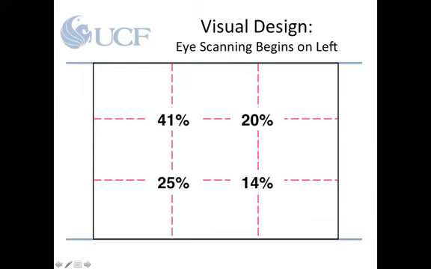You can see here that clearly the upper left-hand third is where the eye begins scanning and focuses more attention. As you move around, you can see the other percentages as well. Oftentimes, centering an item is not the best way to go. Sometimes it's okay, but you want to consider visual design and where the eye is drawn when developing visual images.